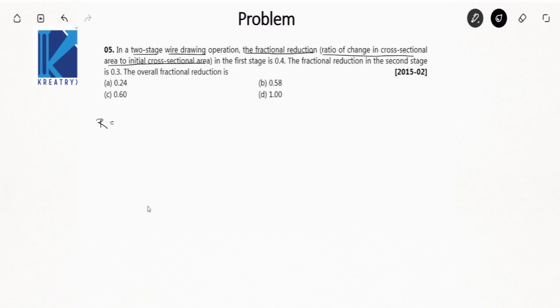That is delta A by A initial. So delta A is A initial minus A final, by A initial. Let me say that in terms of stages 1, 2, so A1 minus A2 divided by A1, which can also be written as 1 minus A2 by A1.